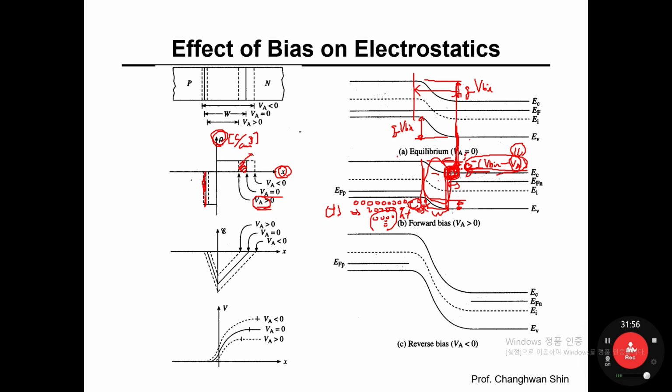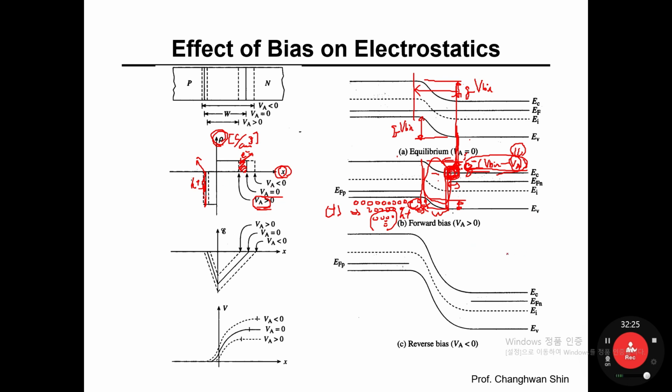Originally, this area was charged because of the ionized donors, and that area was charged because of the ionized acceptors. However, more holes and more electrons would get into these areas, so they would be neutralized, and the charged area would shrink.